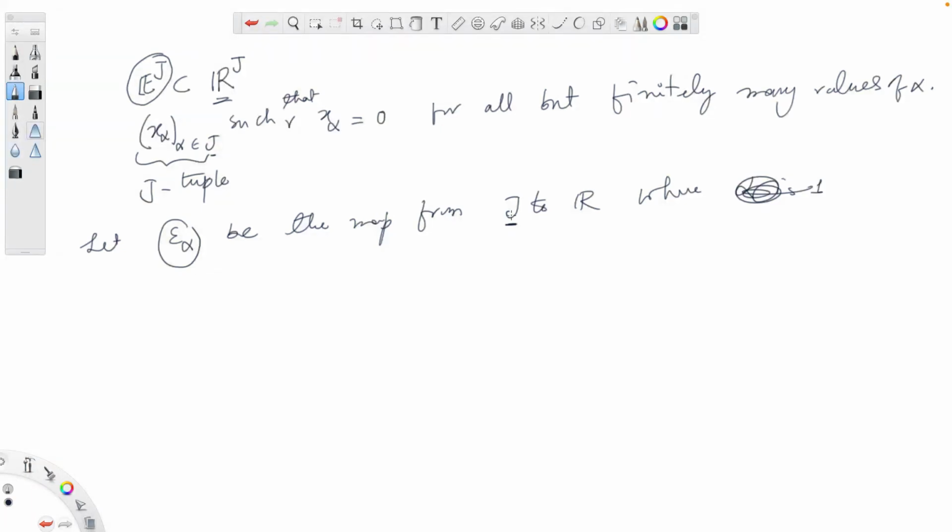Okay, so since E sub alpha is a function from J to R, it only takes the value 1 on the index alpha, and it's 0 otherwise.